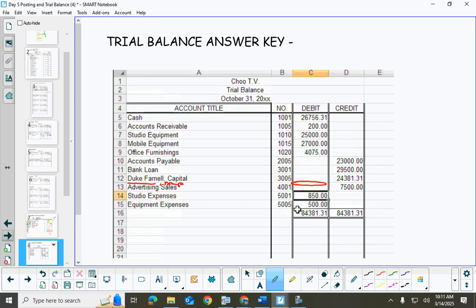And then revenue is a credit balance. Expenses are debit balances. Ignore these dark lines. That was just me clicking on the computer. And then use your calculator to add up this column. Use your calculator to add up this column. They are the same number. Double line under each. You don't have to indent anything. You just type it in.